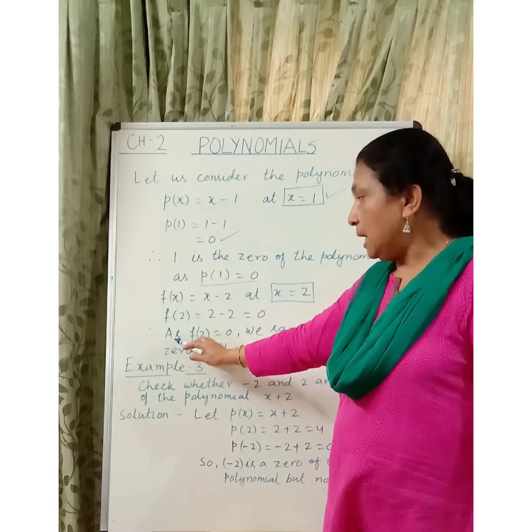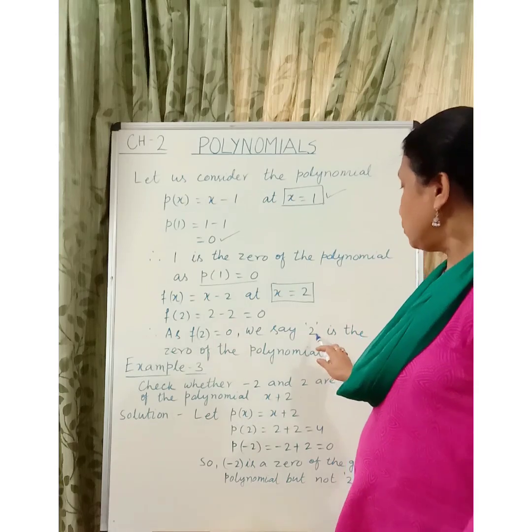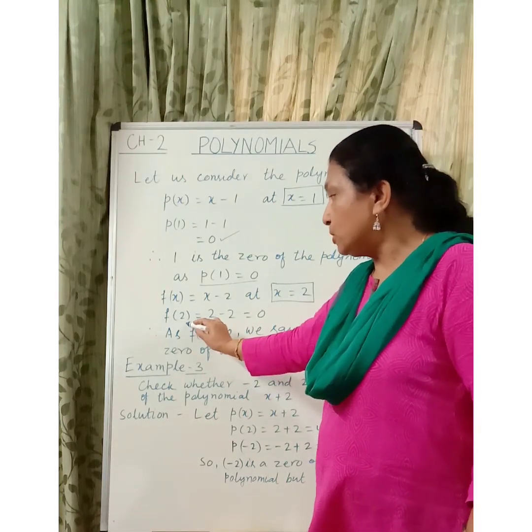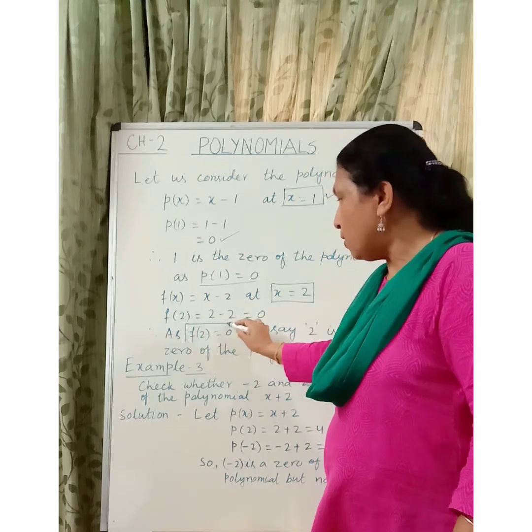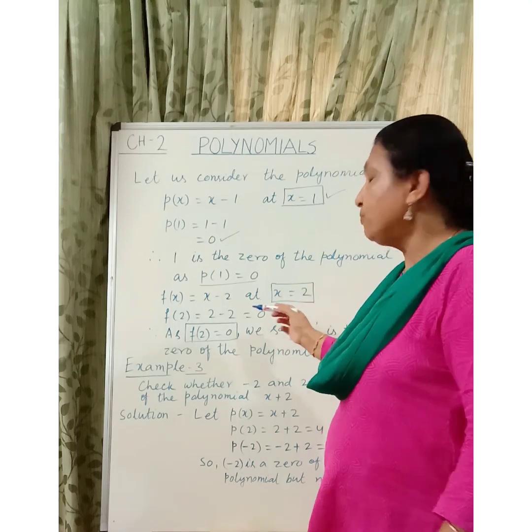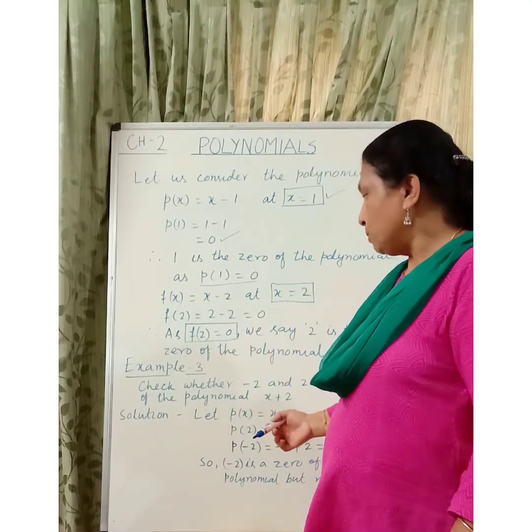So as f of 2 is 0, we say that 2 is the 0 of the polynomial. So what we have to notice is that the value of the polynomial becomes 0 for which value of the variable. So that becomes the 0 of the polynomial.